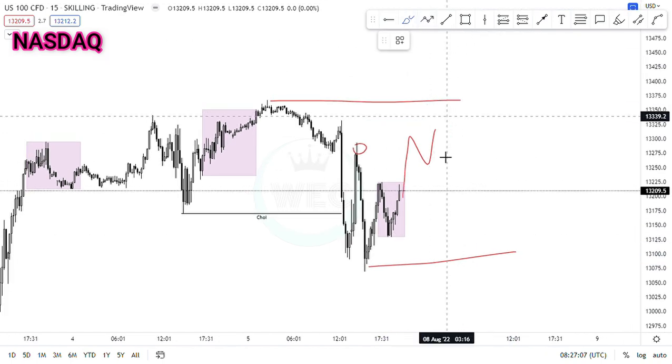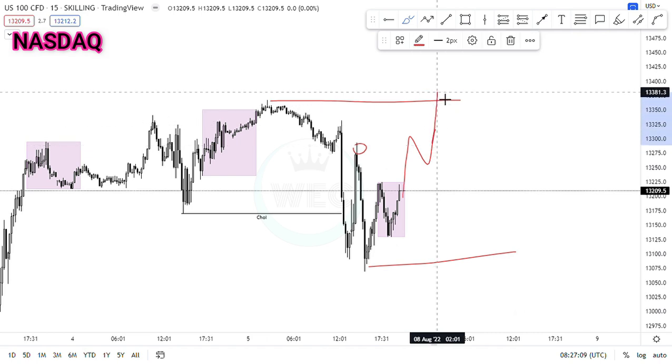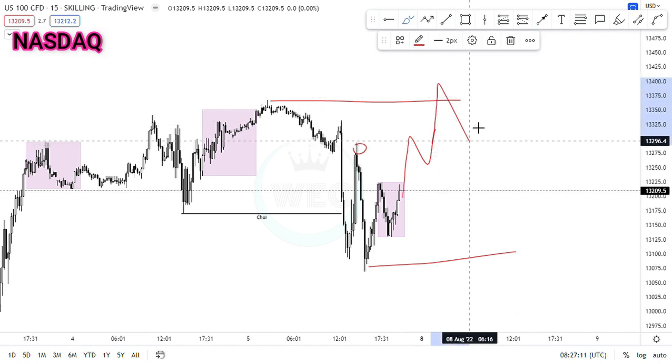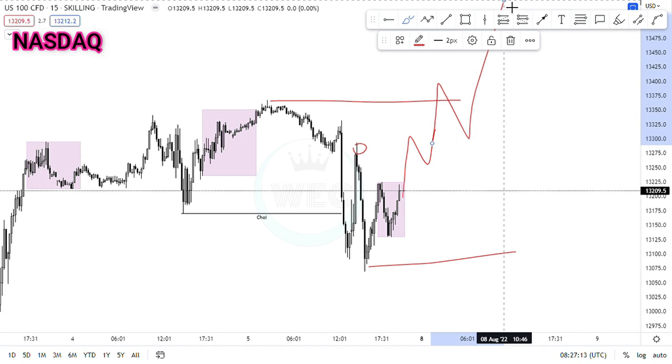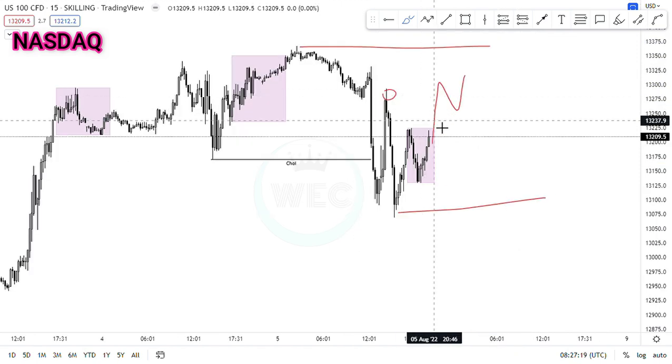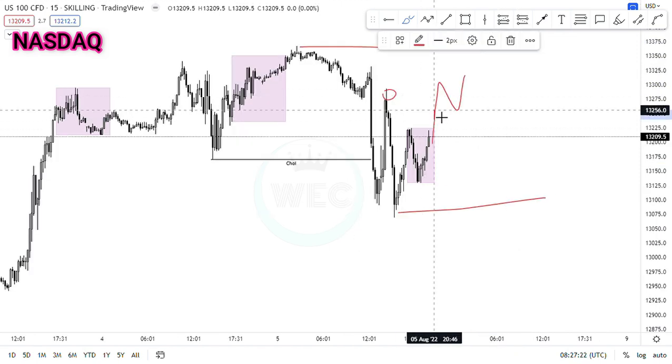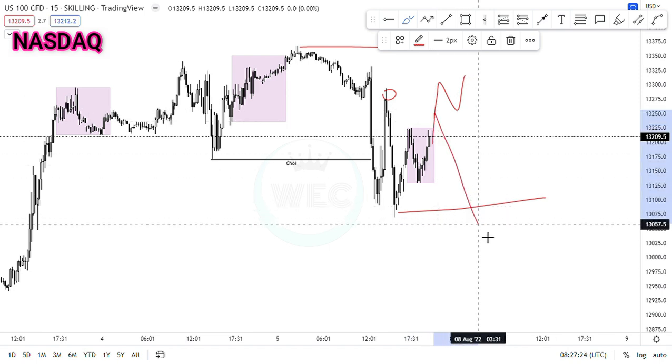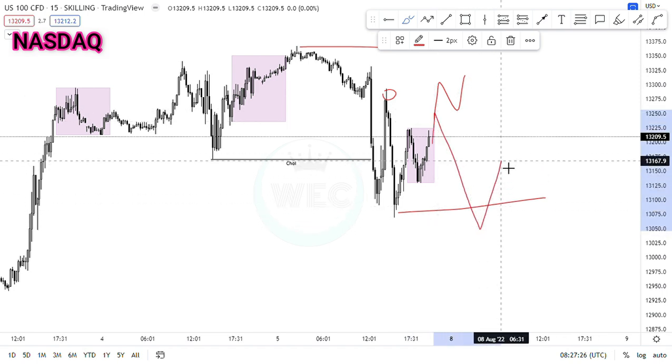If I have this high breaking, I'm going to wait for a retracement and capitalize on the move to the upside, because already we are bullish on H4 and on H1. If this low gets taken out, if maybe we have this level respected and we have this low taken out, then I'm also going to wait for another retracement and capitalize on the move to the downside.